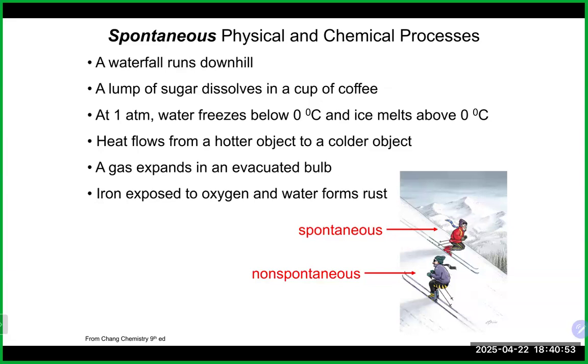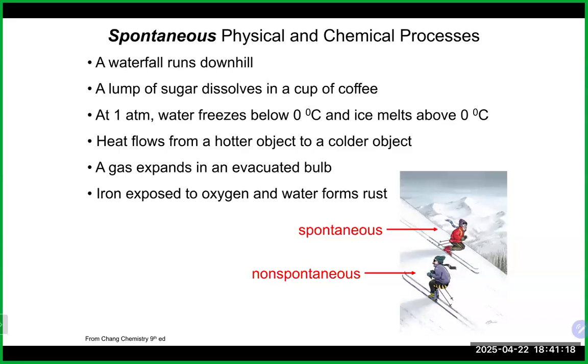A spontaneous reaction will occur without any type of intervention. Clearly, if you wanted water to go upwards, you'd have to intervene, put a pump in there to shoot the water up. It's just not going to happen by itself.